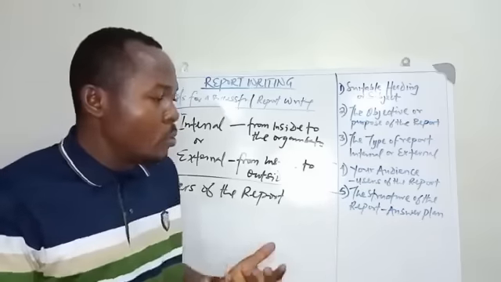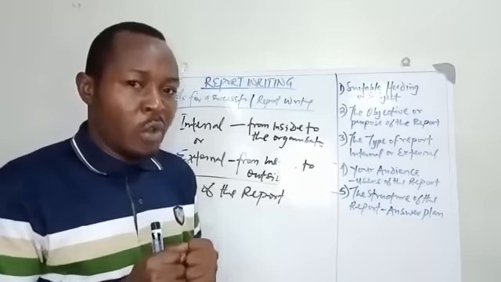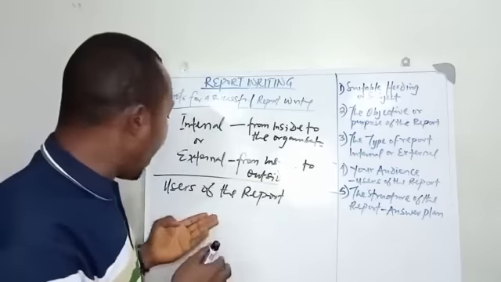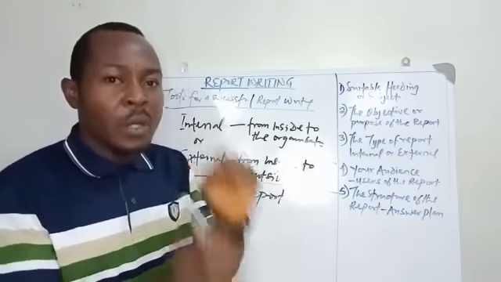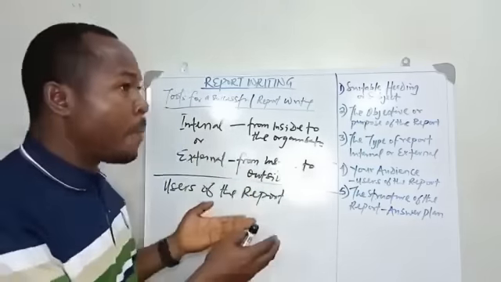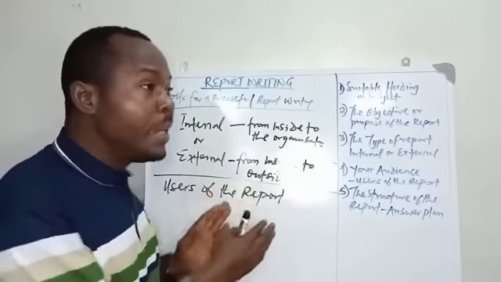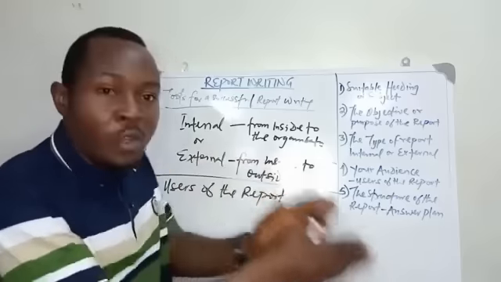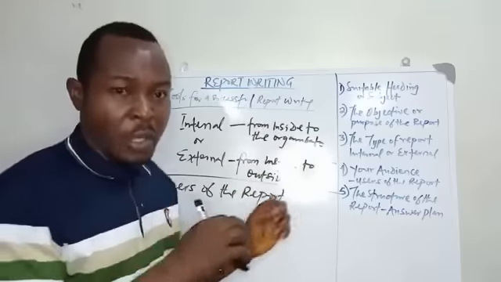This will help you to know how to structure your report. It will help you to know how to use appropriate terms, appropriate words, appropriate paragraphs, and appropriate appendices, like how to relate your appendices with your report, how to relate all the references with your report.